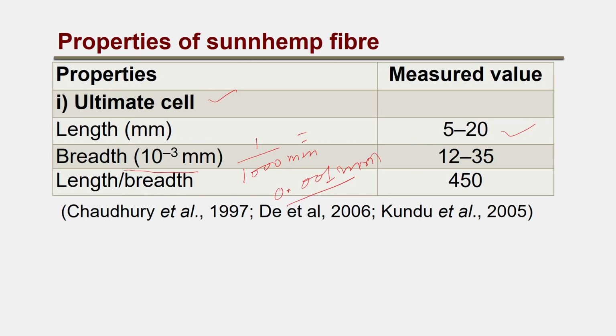This is the way some mathematicians write it, and it varies from 12 to 35, the measured value. Length breadth ratio is 450, and these kinds of properties in sannhemp fiber have been reported by Chaudhary and co-workers 1997, Day and co-workers 2006, and Kundu and co-workers 2005.